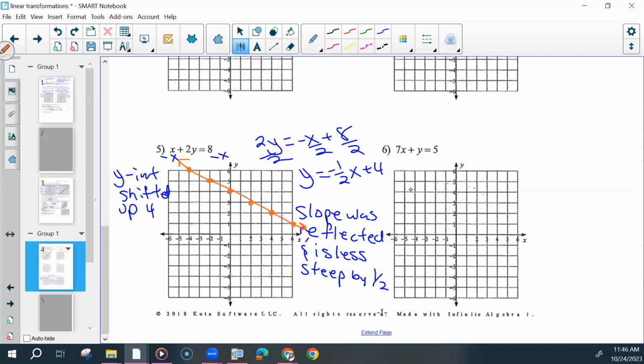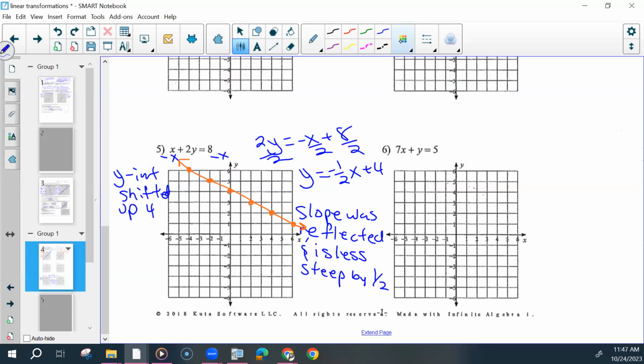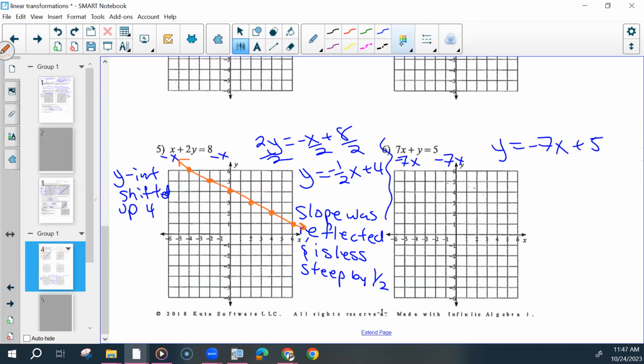Okay, let's do the next one. If we were solving that one, we would do what? That y equals negative 7x plus 5. What changed? Y-intercept was shifted up by 5.